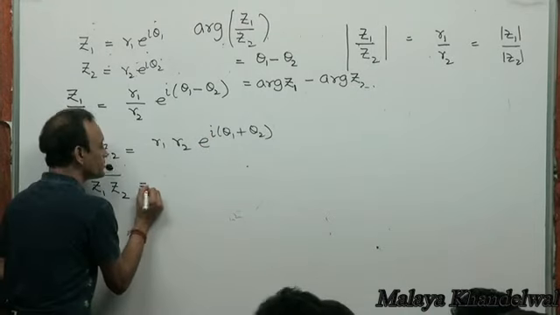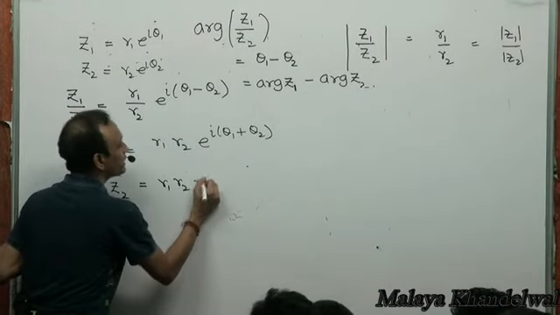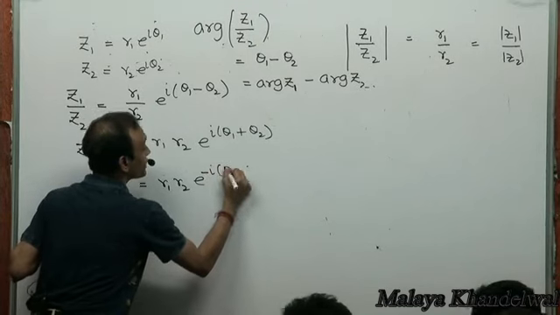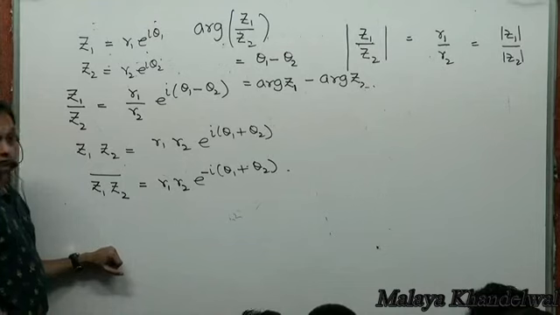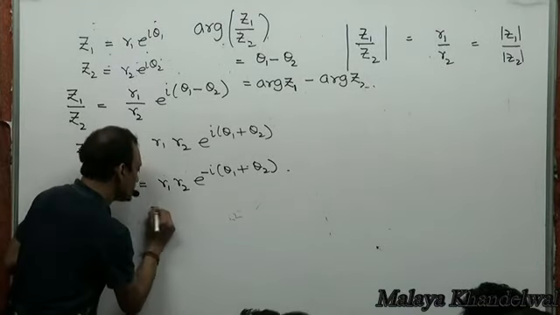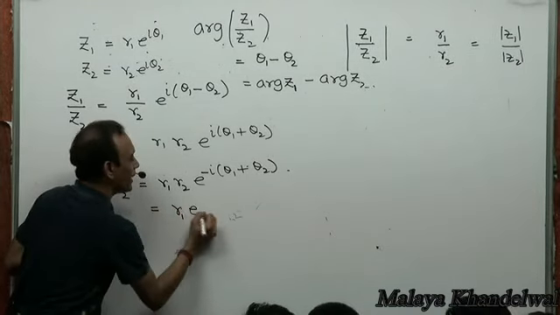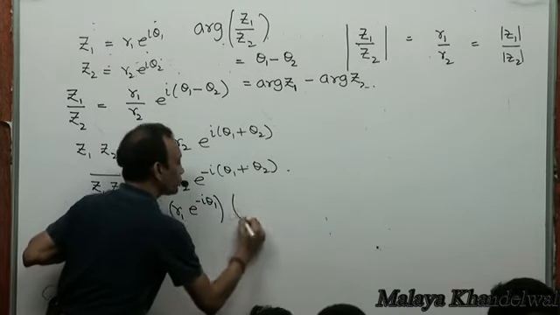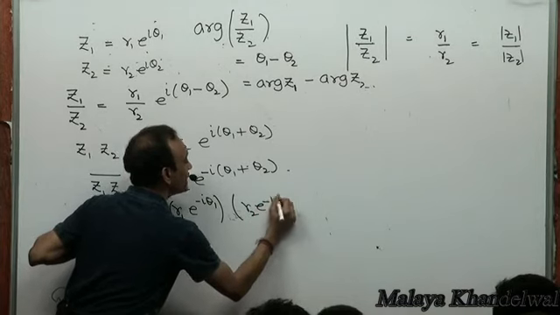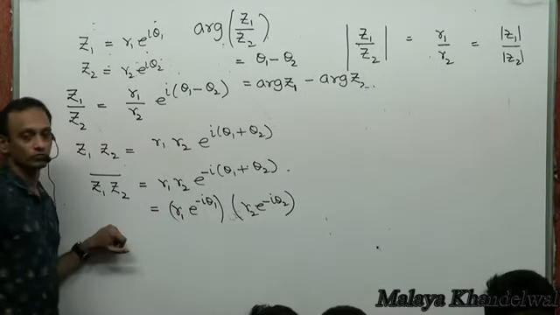Right? So that's going to be r1 r2 e power minus i (theta 1 plus theta 2). Yes or no? Now this could be written as r1 e power minus i theta 1 into r2 e power minus i theta 2. Yes or no?